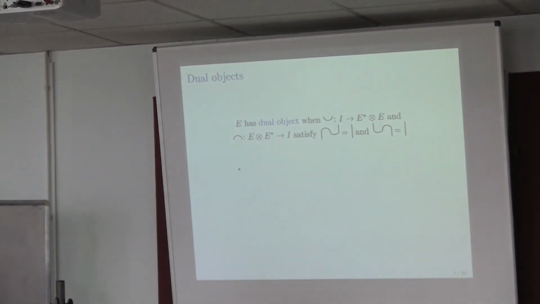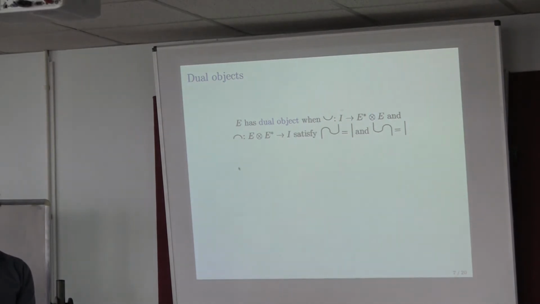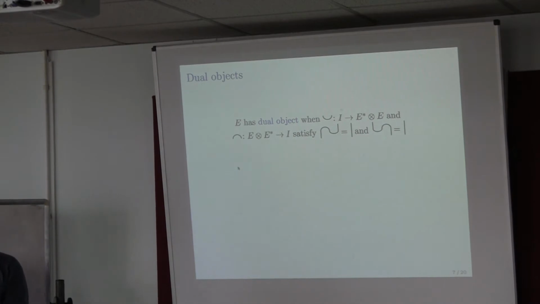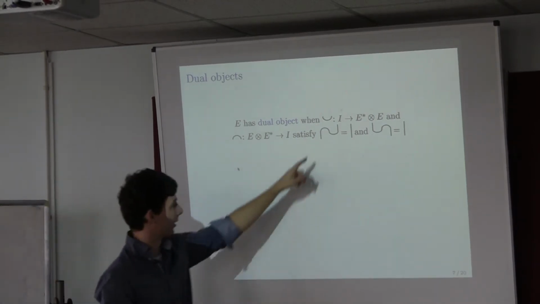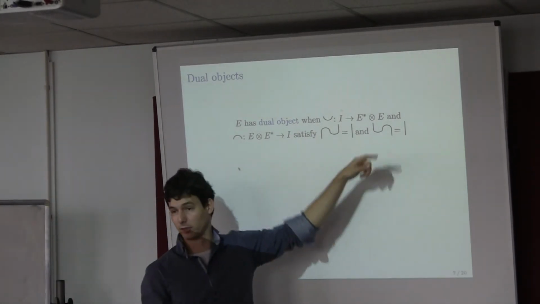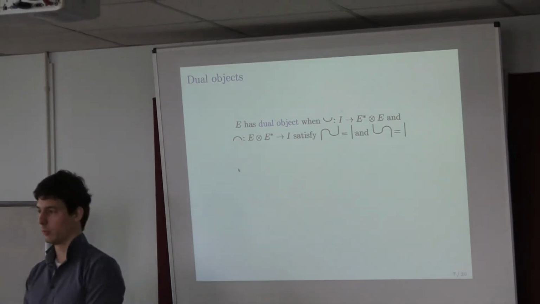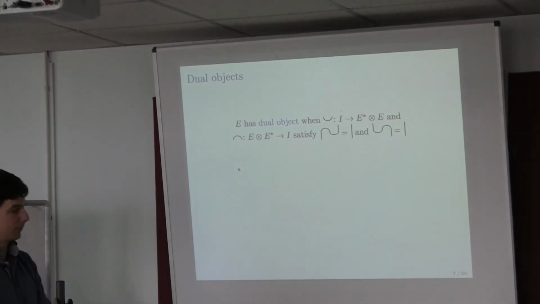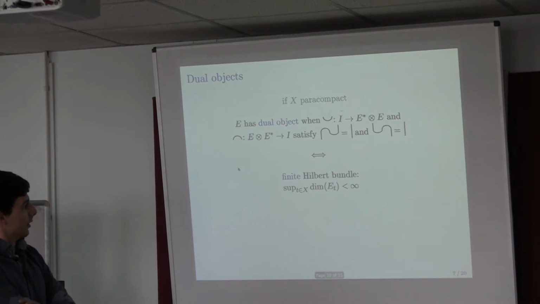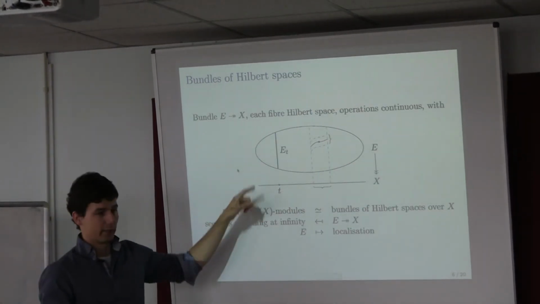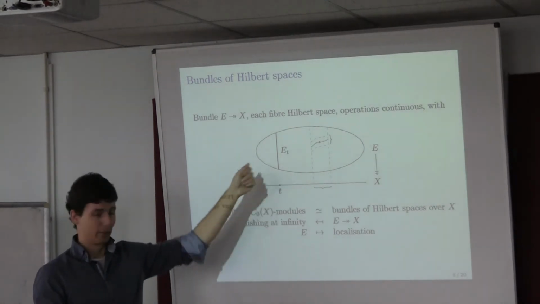Okay, so now we're ready to talk about dual objects, for example. So in the category of Hilbert spaces, a dual object is literally a finite dimensional space. Right, so the definition is I have to have a cup and a cap that satisfy the snake equations. I think most people have seen this before. So if I think about this bundle perspective, I have an object in my category now, I have one of these bundles.